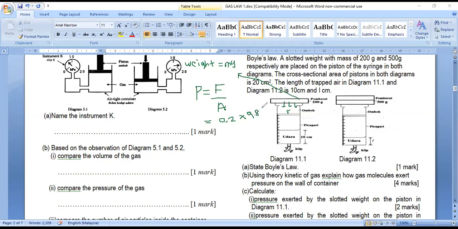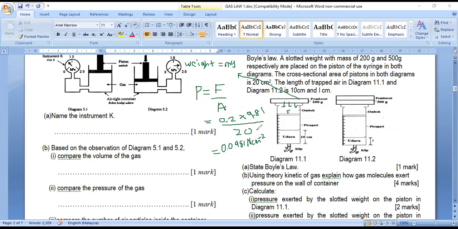And the area here will be 20. So what you get is 0.2 times 9.81 divided by 20. So you get 0.0981 N cm^-2.